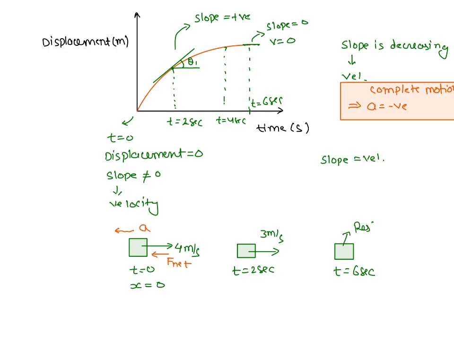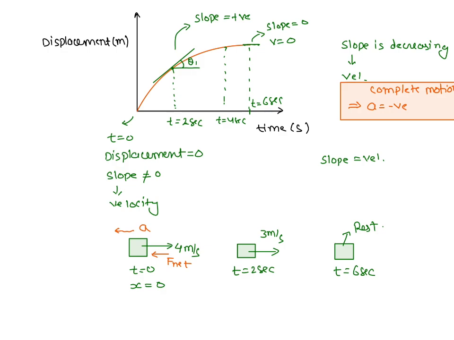So it comes to rest. So initially our particle was moving with a certain velocity. Acceleration was opposite to the direction of velocity. So this is an example of retardation. And finally, at t equal to 6 seconds, our particle comes to rest.